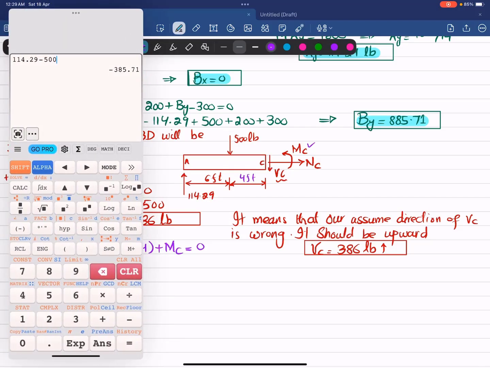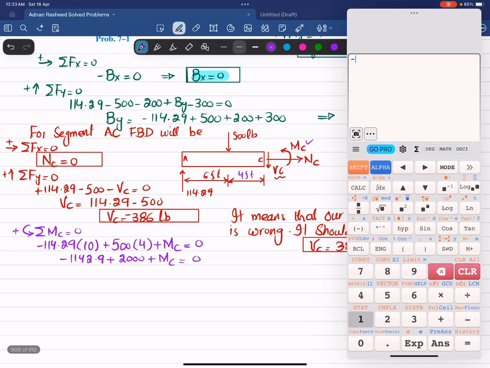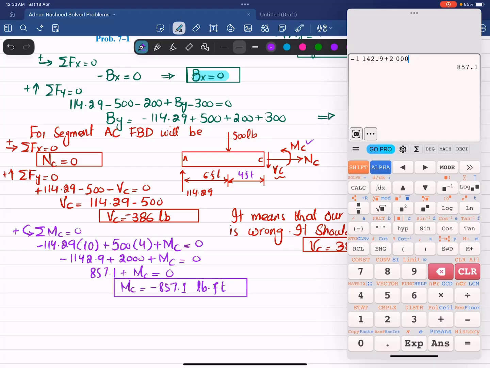So it will give you minus 1142.9 plus 2000 plus MC is equal to 0. Minus 1142.9 plus 2000 gives 857.1 plus MC, so MC will become equal to minus 857.1 pounds-feet.